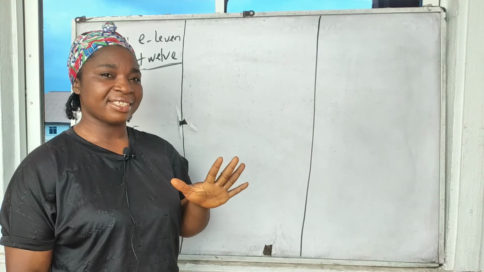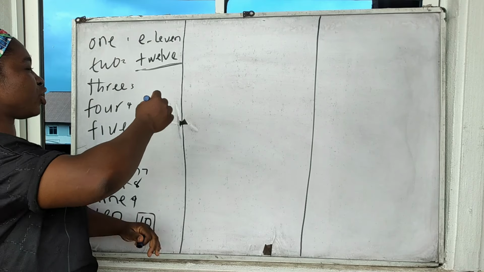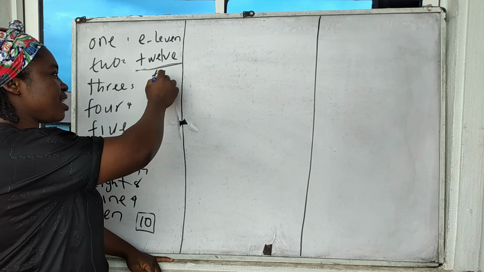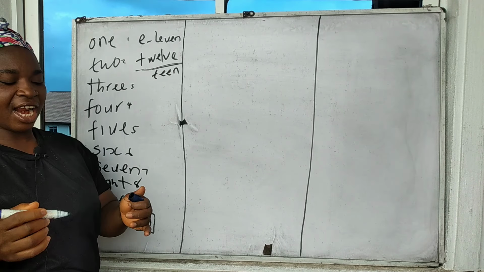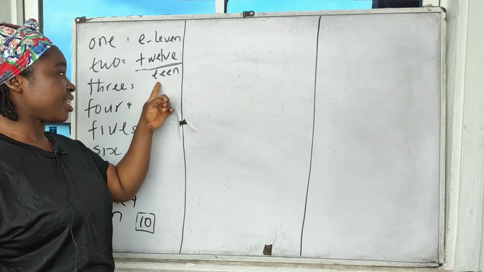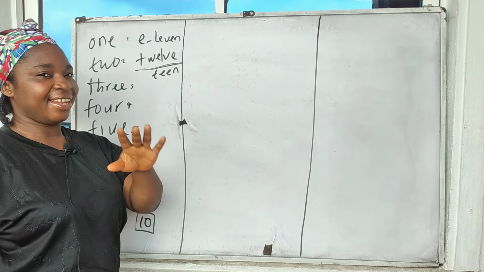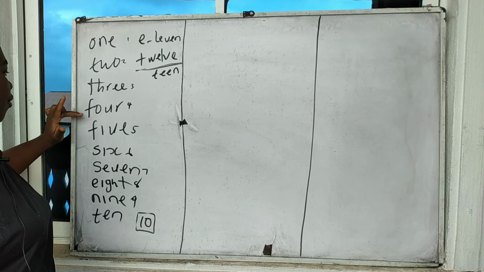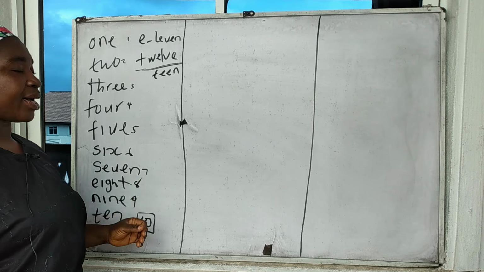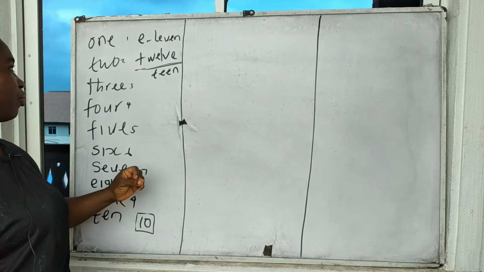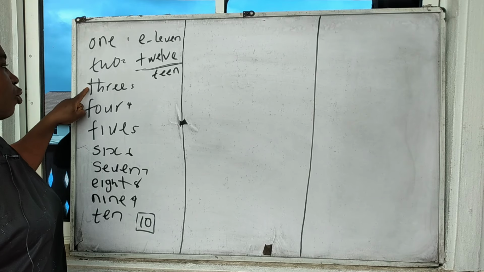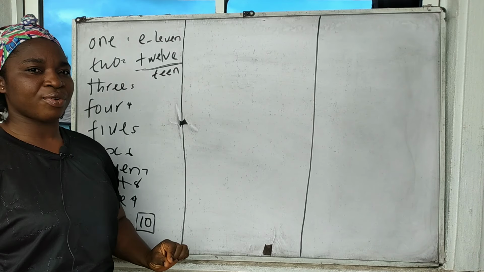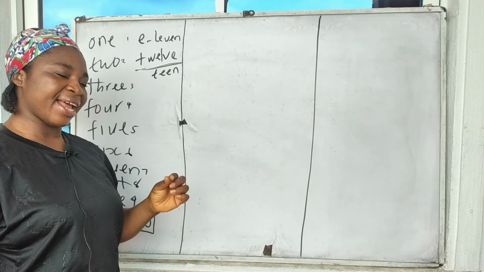Now from 13 to 19, we are going to be ending it with the TEEN. I don't know if you understand it. Let's see how it works. We have 1 2 3 4 5 6 to 10, but the next word we're going to be starting with, we already have 1 and 2, so we start with 3, and we want to write 13. How do we write 13?